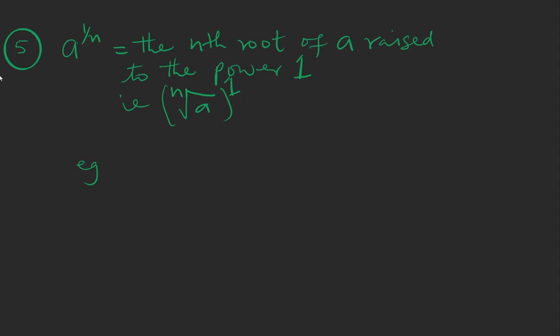An example is 4 raised to the power half is equal to the second root of 4 raised to the power 1, and is the same as root 4, which is equal to 2.